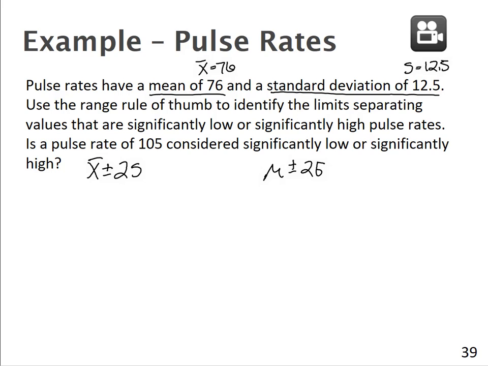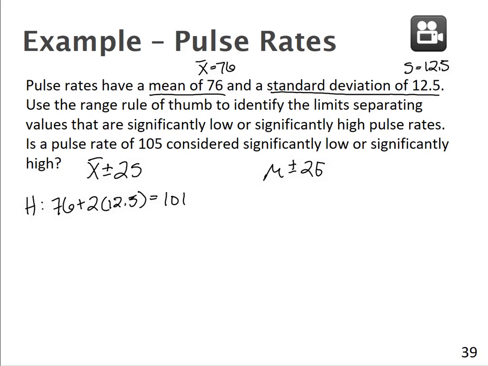So the first thing I have to do is find the significantly low and the significantly high boundary. I'm going to start with the high boundary, which we'll call H for high. I'm going to take x bar, which is 76, and add 2 times s, which is 12.5. When I plug that into my calculator, I get 101.